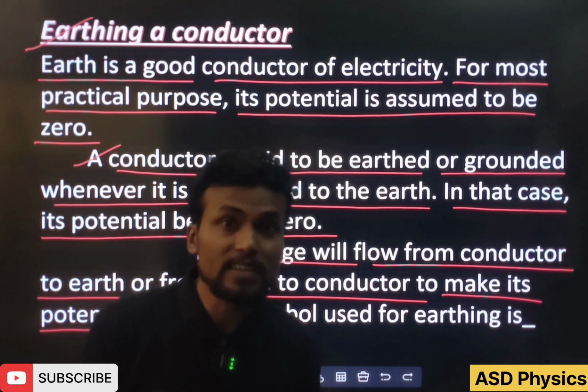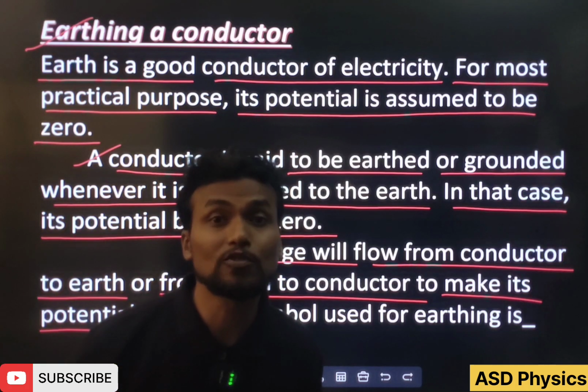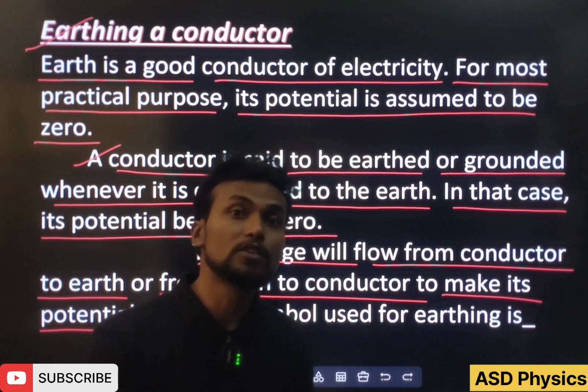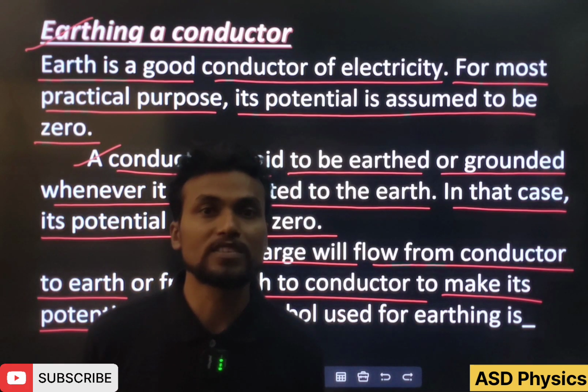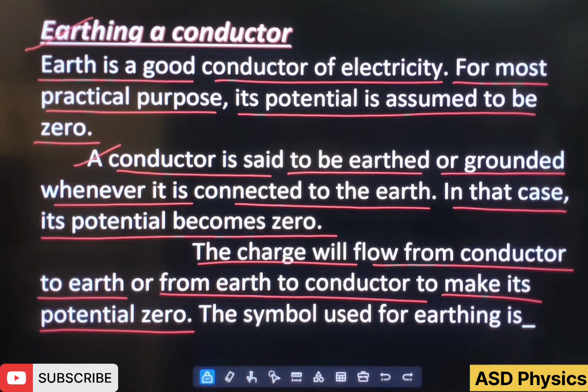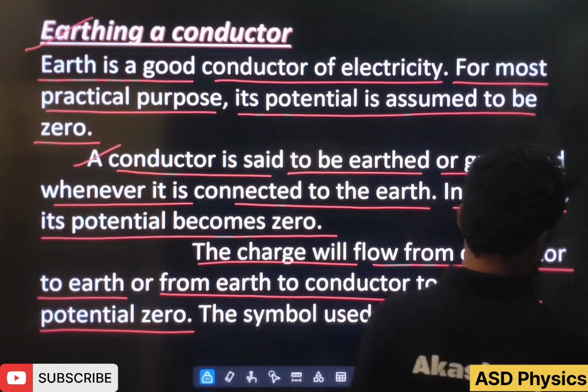Similarly, if a conductor is positively charged and we connect it to the ground, electrons will come from the earth into the conductor and make the potential zero. So here charge means electrons, maybe conductor to earth, maybe earth to conductor. Okay students, so this is about earthing a conductor.